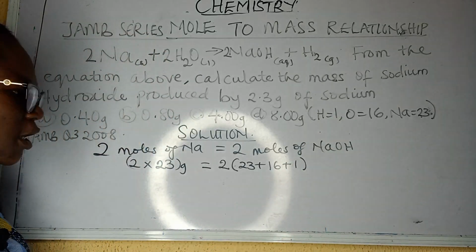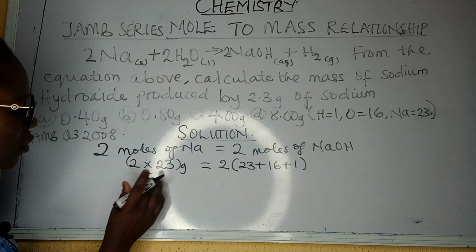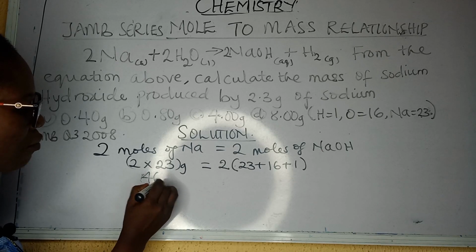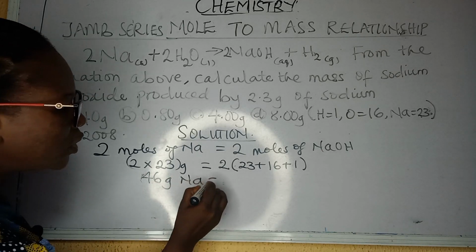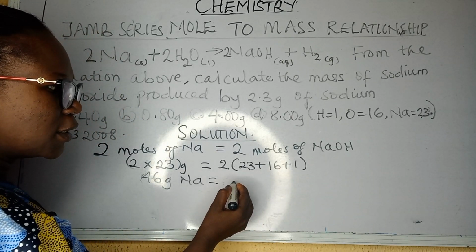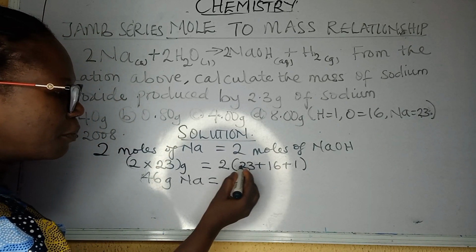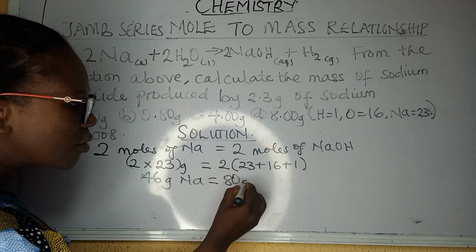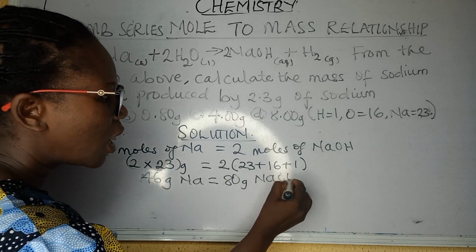So everything gives us 46 gram of sodium produces 23 plus 17, that is 40 multiplied by 2, 80 gram of sodium hydroxide.